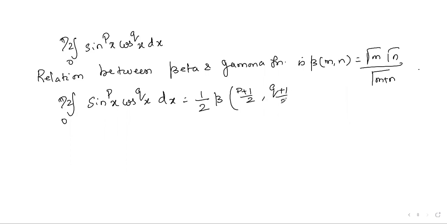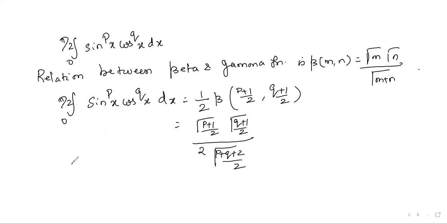q plus 1 by 2, which is equal to gamma of p plus 1 by 2, because m is nothing but p plus 1 by 2, then gamma of q plus 1 by 2 divided by 2 into gamma of p plus q plus 2 by 2.